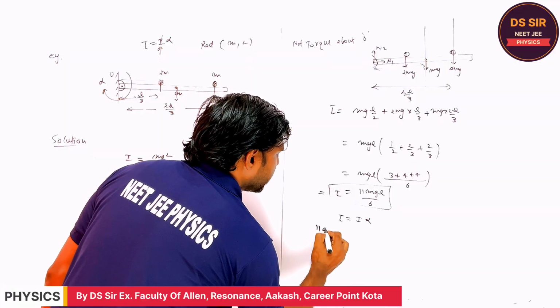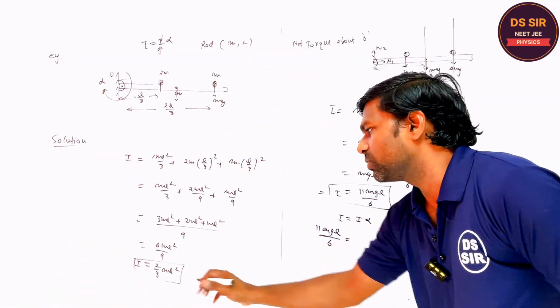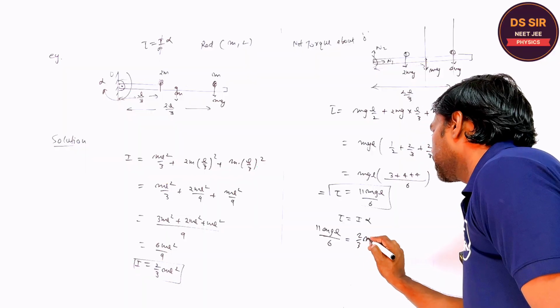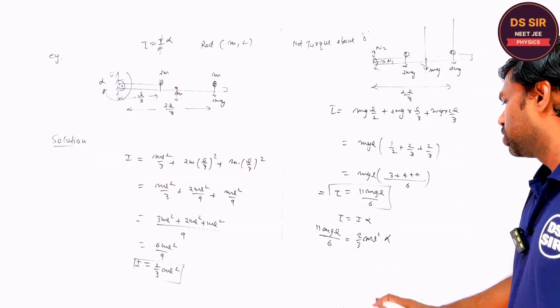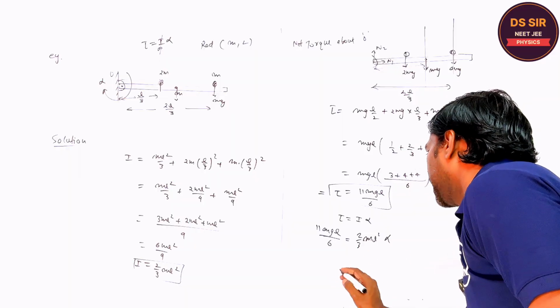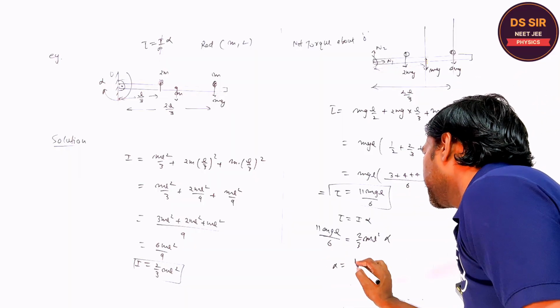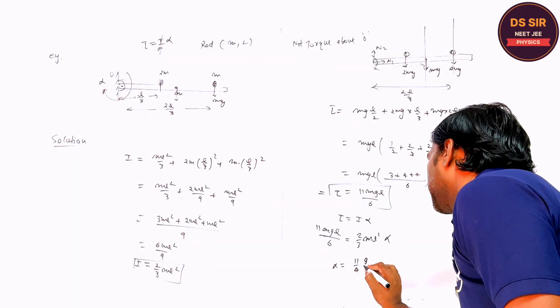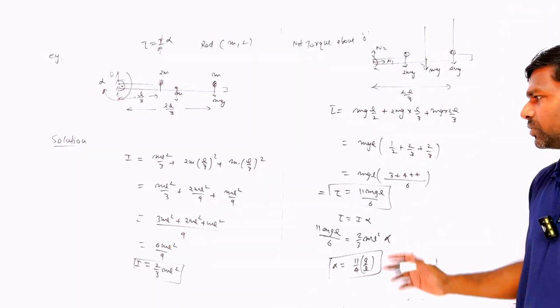The net torque is 11 mgL by 6, and the moment of inertia is 2 by 3 ML square. So alpha we can find. When you calculate, it is 11 by 4 g by L, the correct answer. So this is the angular acceleration. Copy this.